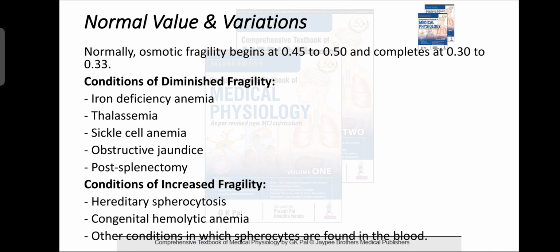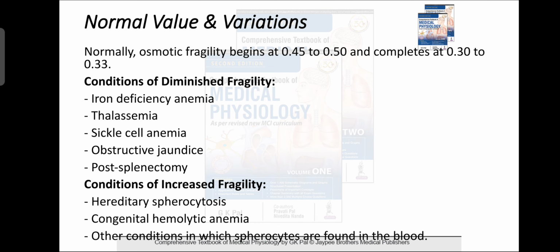So in which conditions does osmotic fragility decrease or increase? Normally osmotic fragility begins at 0.45 to 0.50 and is complete at 0.30 to 0.33. In which conditions does the RBC osmotic fragility decrease?